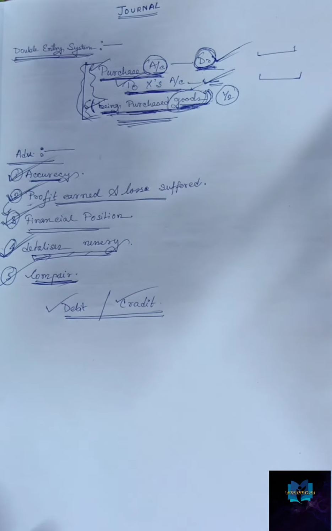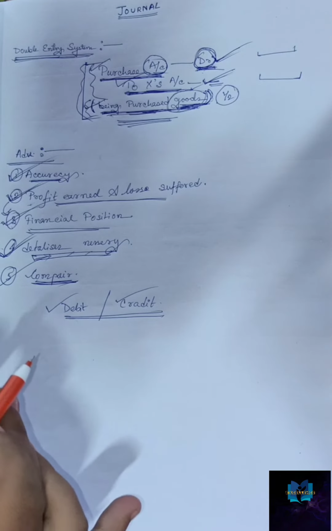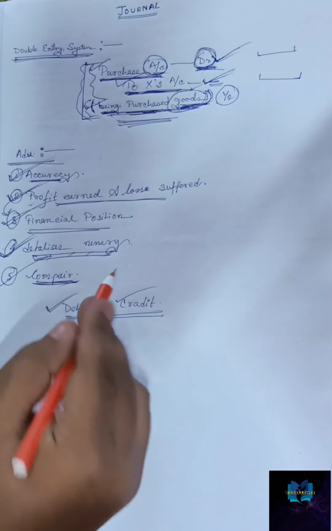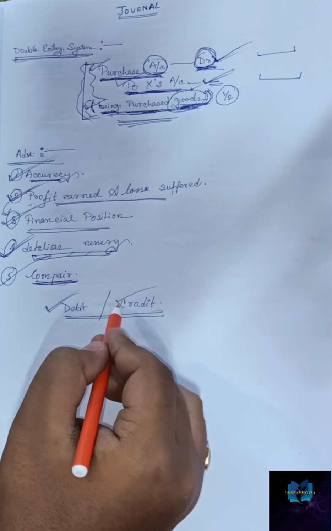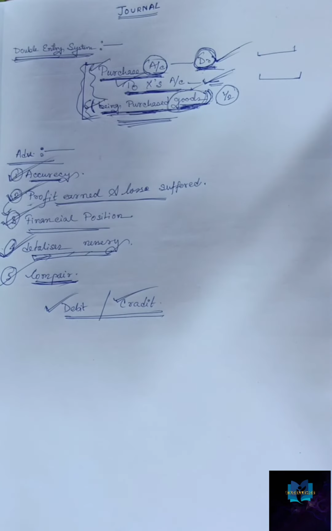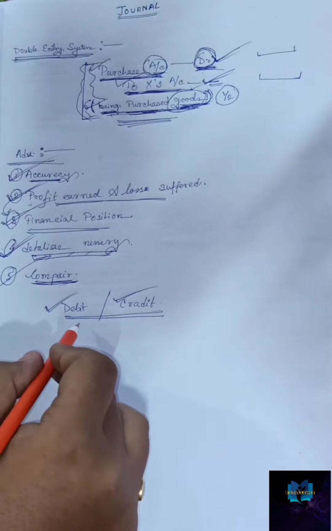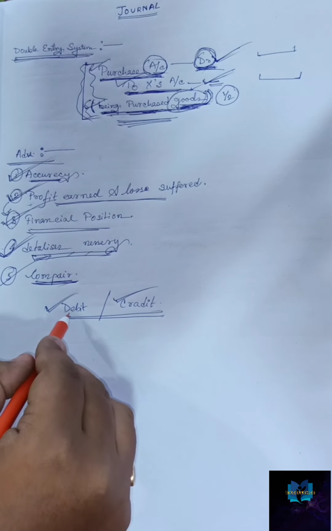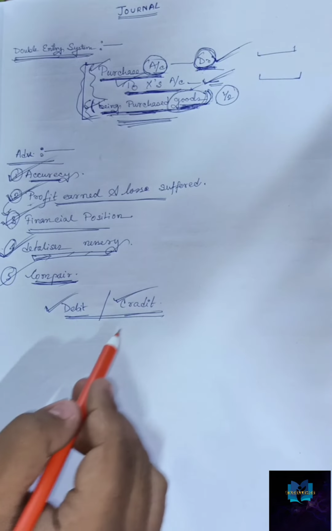Not only loss suffered, but debit also includes what we are getting in the company. If a payment is received by the company, it is written on the debit side. If a payment is given by the company, it is written on the credit side. So this was the explanation of the debit and the credit part.